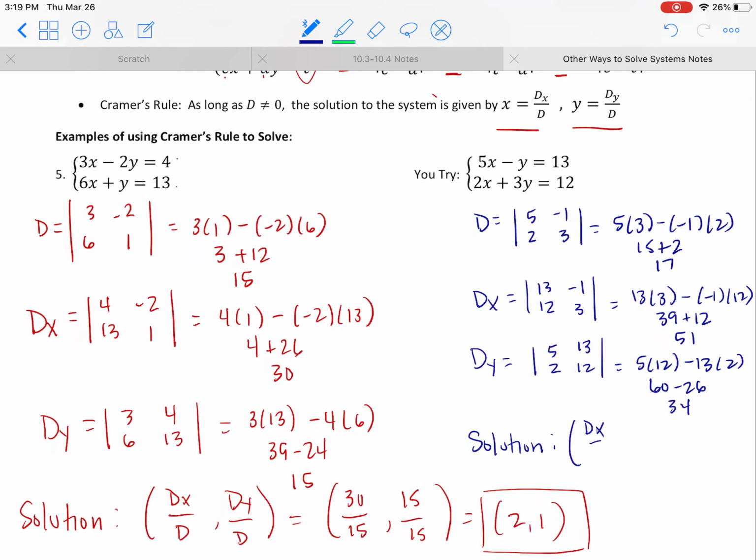Okay, so the solution, according to Cramer's rule, is going to be dx over d, dy over d. So in this case, 51 over 17 and 34 over 17. And that ends up being 3 and 2. So the solution is at 3 and 2.